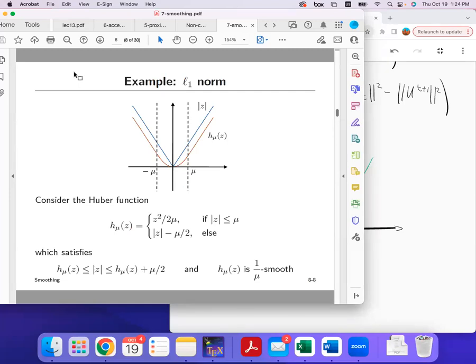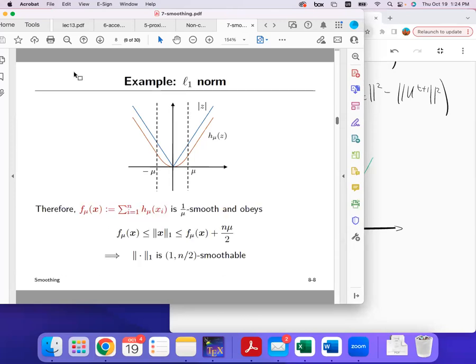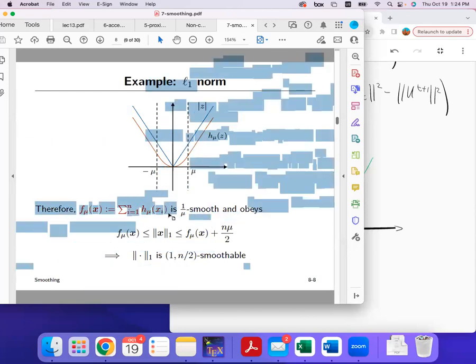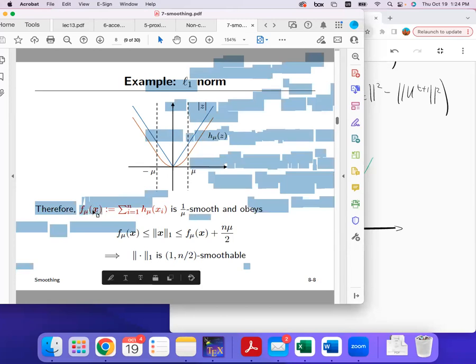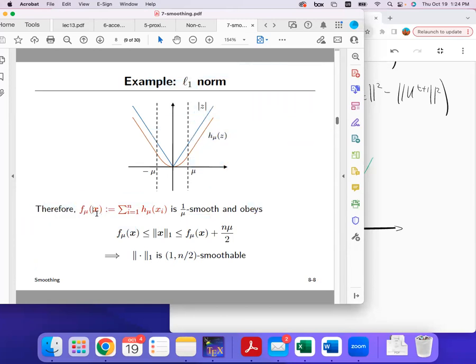We use this one-dimensional Huber function to approximate the absolute value. For the L1 norm, we simply approximate the absolute value of each coordinate by this Huber function, and then sum them up. In this way, we constructed a smooth approximation of this L1 norm.